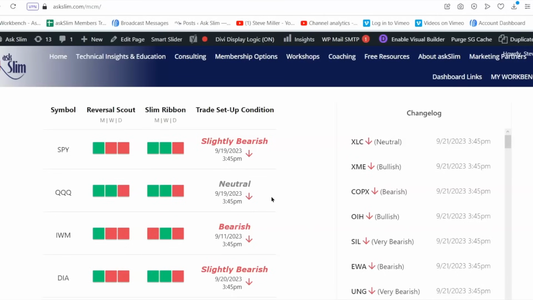That is likely going to turn worse, but we have had some downturns from neutral to bearish and slightly bearish in the last couple of weeks, even on the longer term. So this is not giving a great signal for the long term.